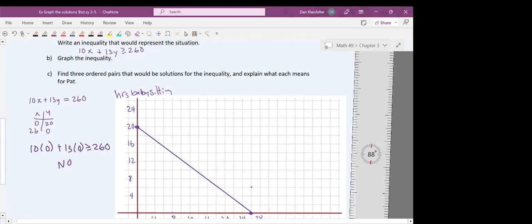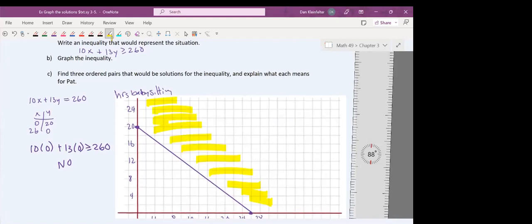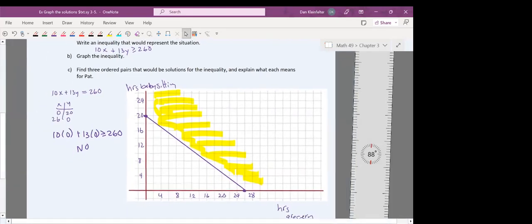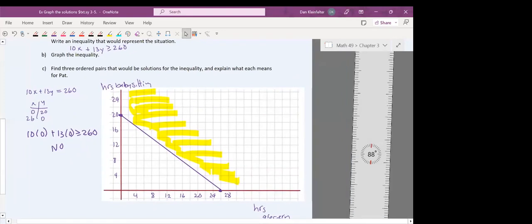And so it has to be the other side. That's consistent with our expectations too, that above the line is going to make up the solutions. If Pat were able to work tons and tons of hours, then definitely we'd reach that target of $260.